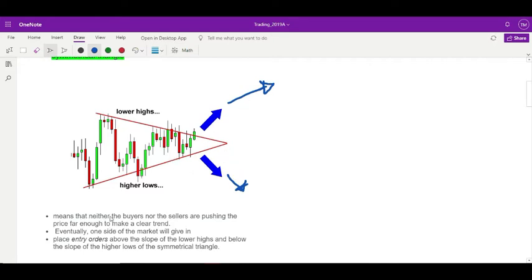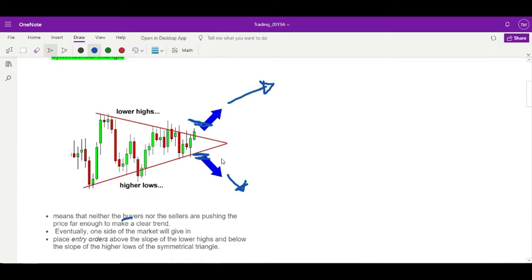It means that neither the buyers nor the sellers are pushing the price far enough to make a clear trend, so the end result will be a clear trend. We always say place entry orders above here and here, because you don't know where this explosive move will go.